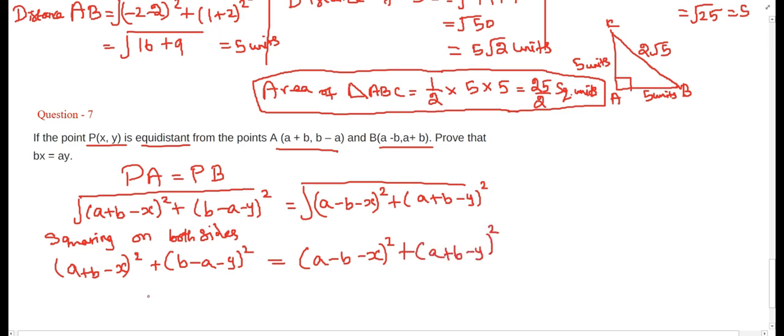Okay. Now, just using the (a minus b) whole square form, for this you have to consider a as a plus b and b as x.